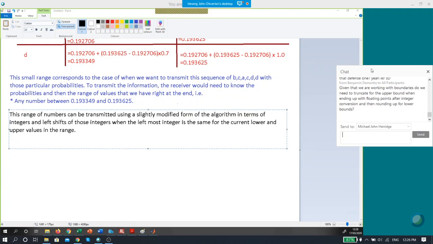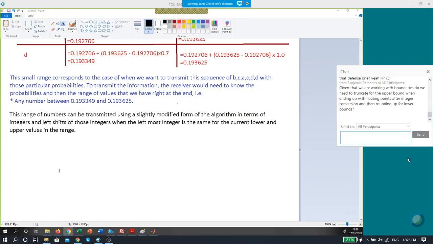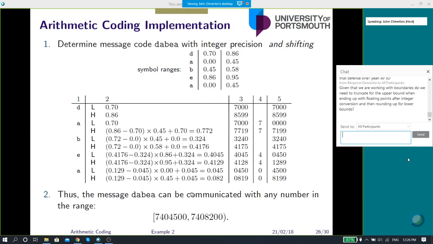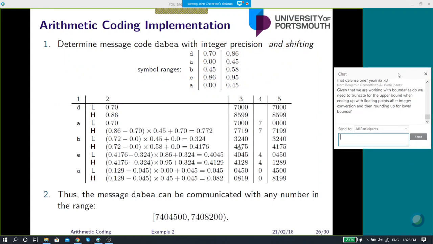That's a good question. Let's work through the example and we'll hopefully see how it works. But the point is, when we convert to the integers, let's go back to the slide and maybe that will answer that question. So here we've got the conversion to the integers, haven't we?